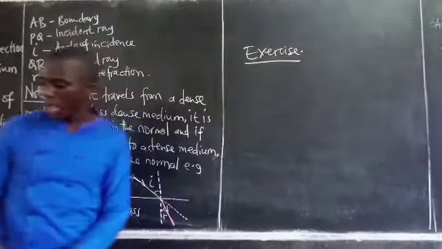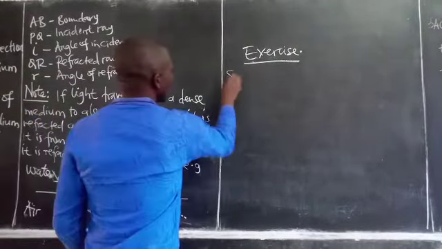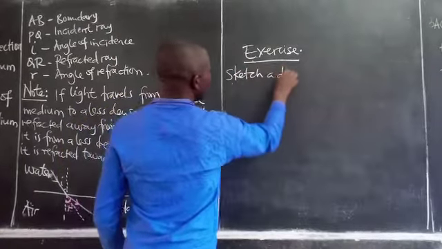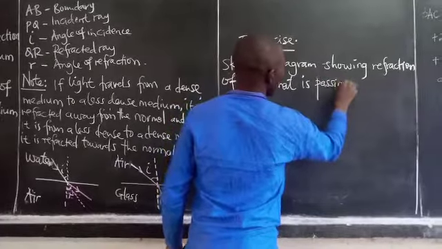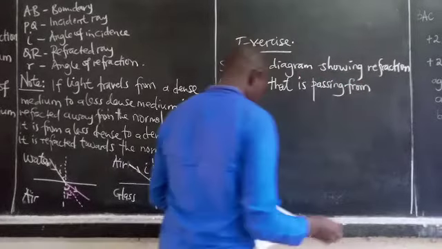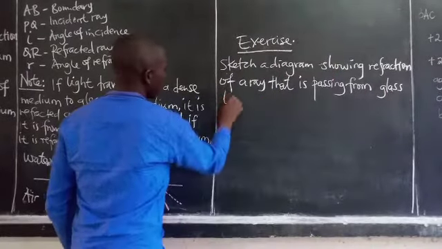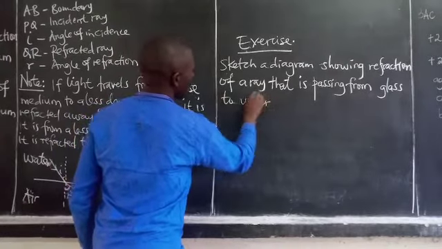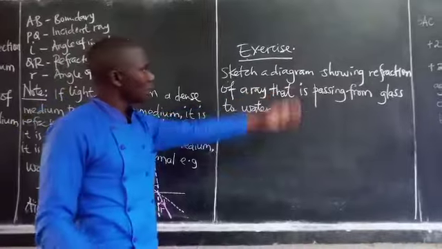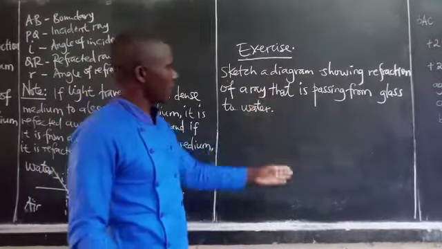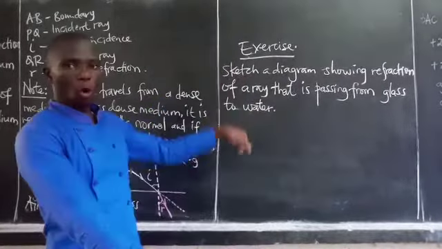This is your exercise. Sketch a diagram showing refraction of a ray of light that is passing from glass to water.